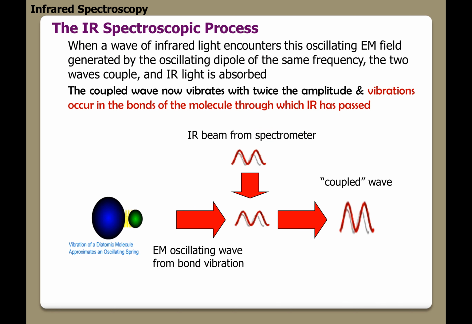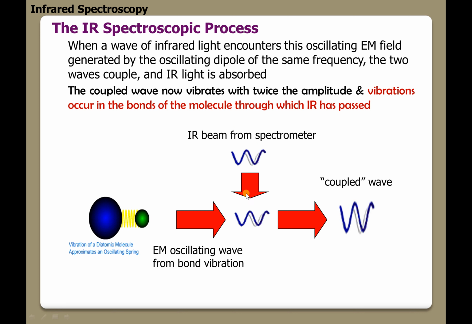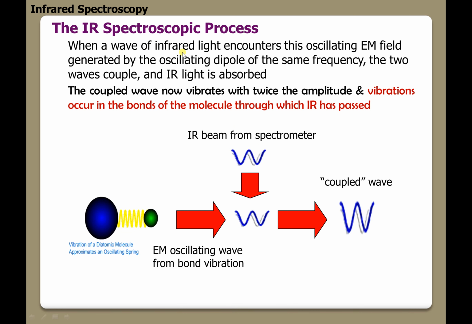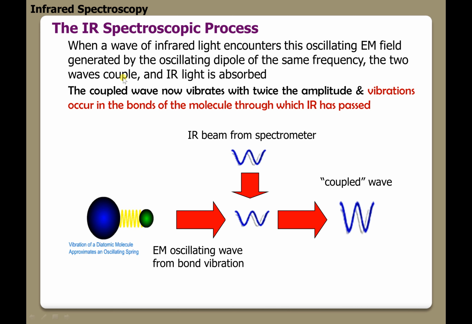Now, in this spectroscopic process, a wave of infrared light encounters this oscillating electromagnetic field generated by the inherent vibrations of the molecule. If both the waves couple, that is, if you put a sample in the incident infrared radiation, the molecule has its own inherent vibrations.